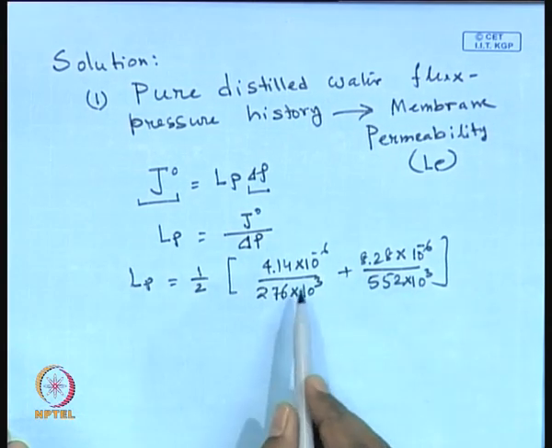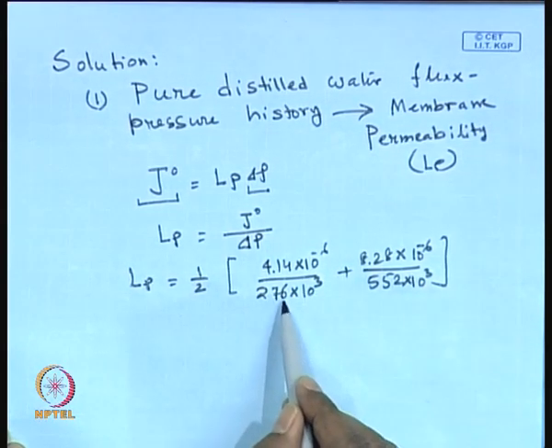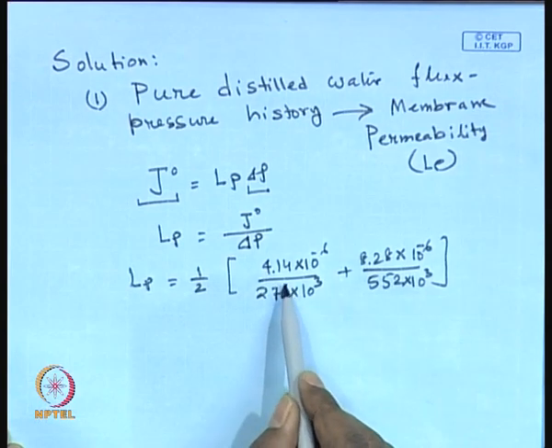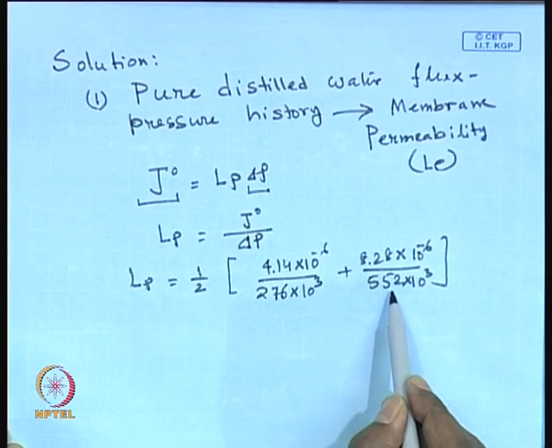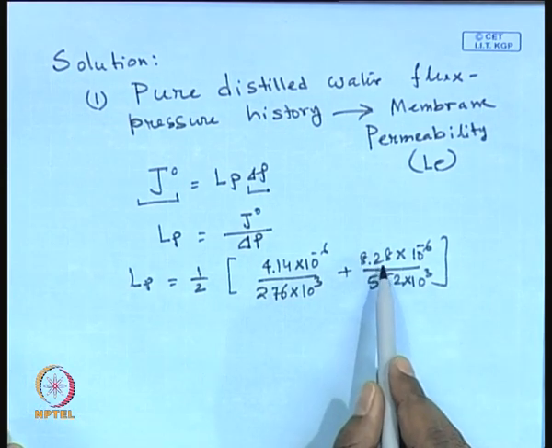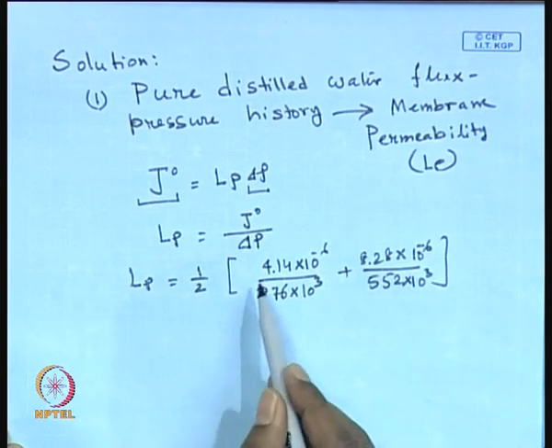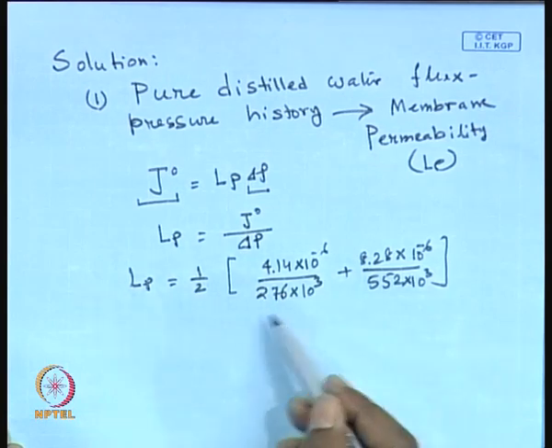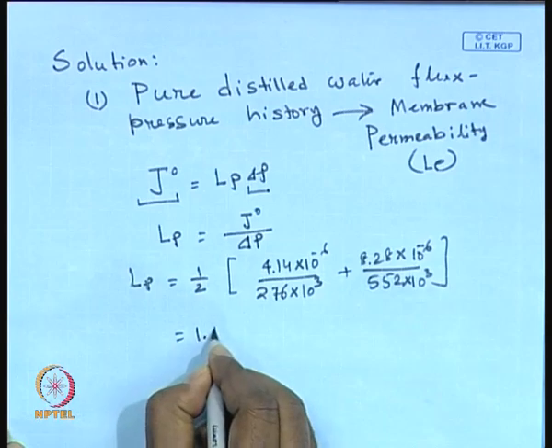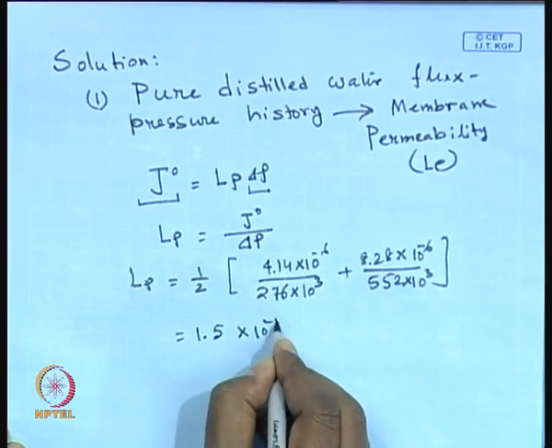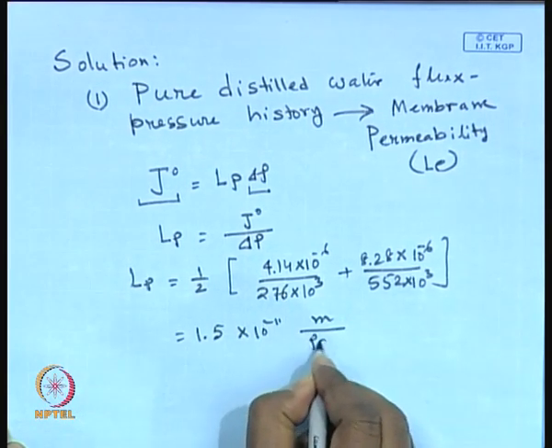It was given that at 276 kilopascal you get a permeate flux of 4.14 into 10 to the minus 6, and at 552 kilopascal around 8.28 into 10 to the minus 6. Using both conditions, you can calculate the average permeability, and it turns out to be 1.5 into 10 to the power minus 11 meter per Pascal second.